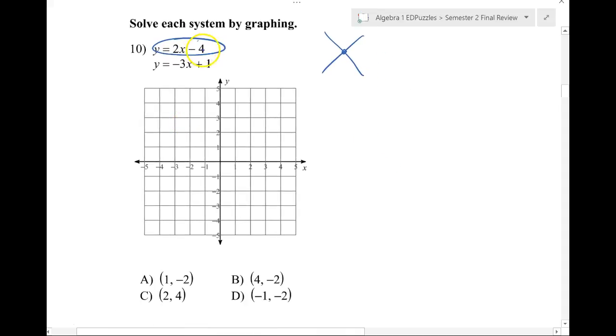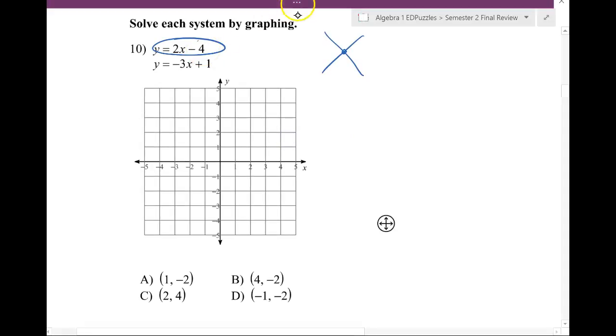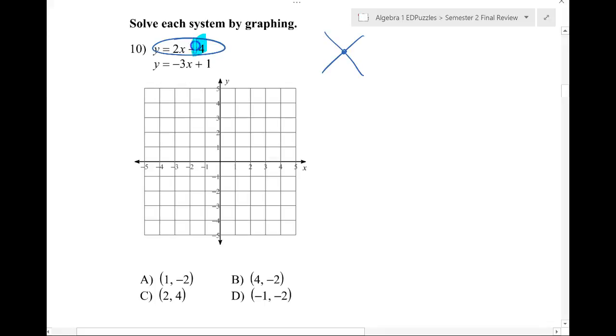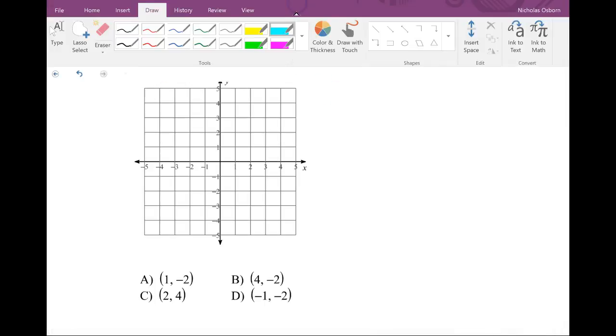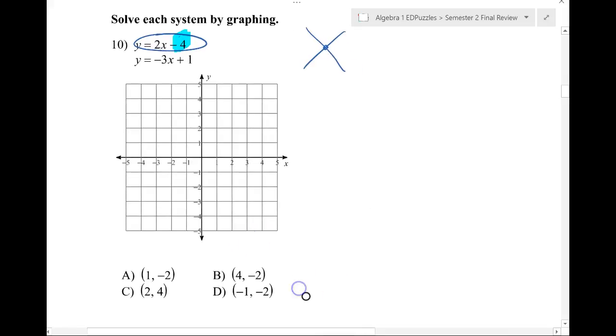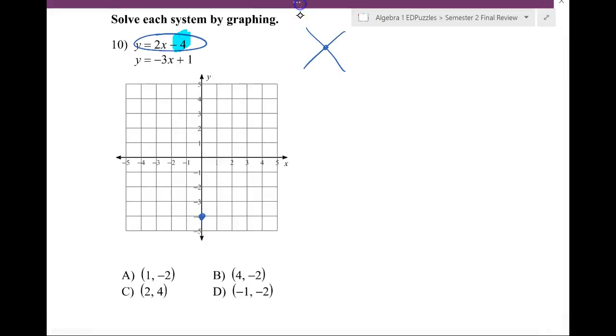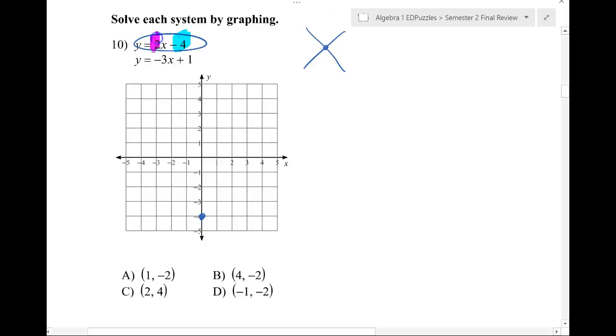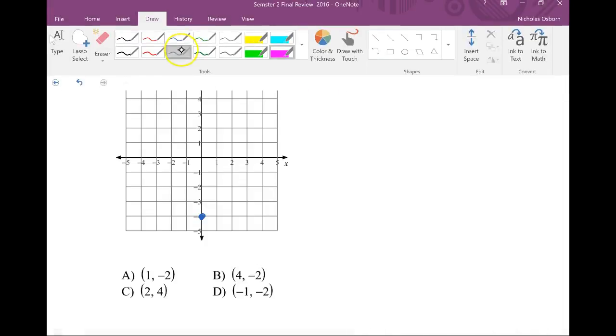Okay, so with the first one, remember you start with the starting point or y-intercept, the -4. So we go down to -4, draw your first point. Okay, and then you go to the slope of that same equation, which is the number next to the variable, and it's 2.